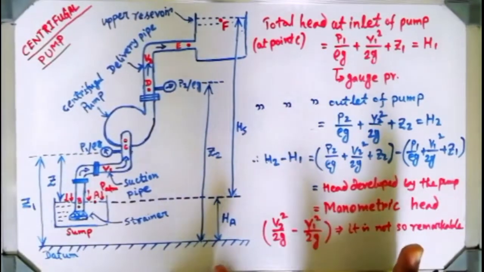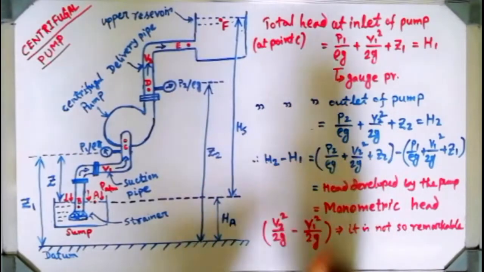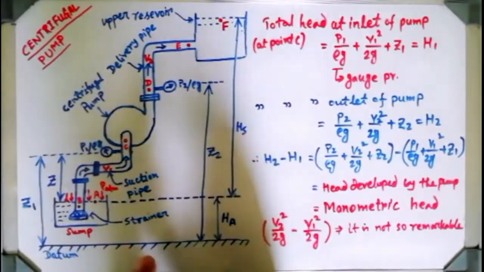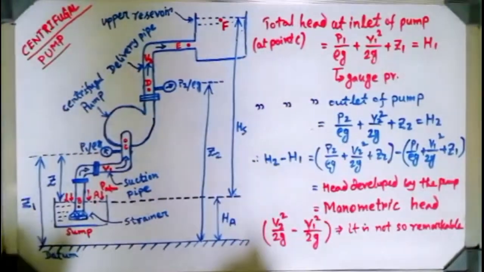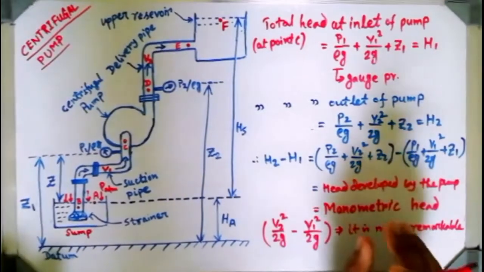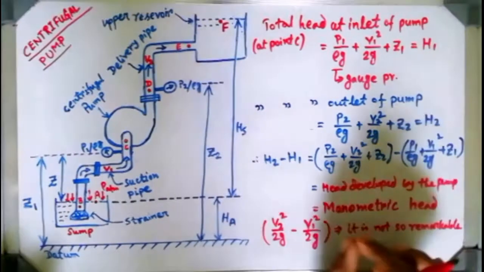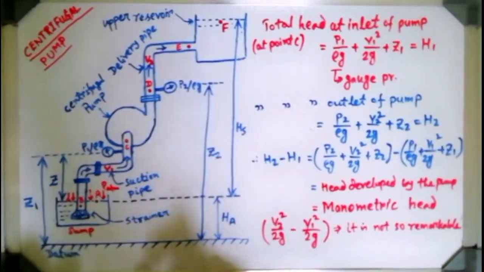Where the differences are there, you cannot say they are same, never. But the difference is not so significant, not so bold, not so remarkable. So if it is not so remarkable, we can eliminate them. If you see, this difference is very negligible in amount.